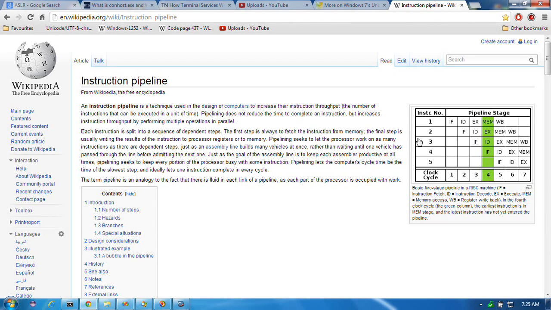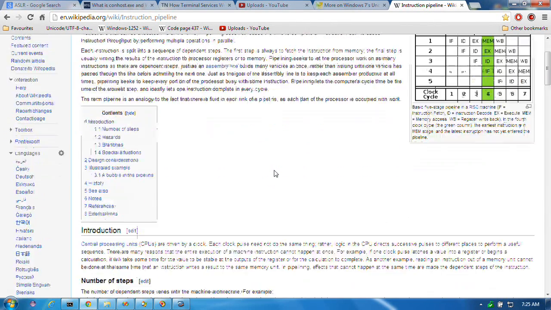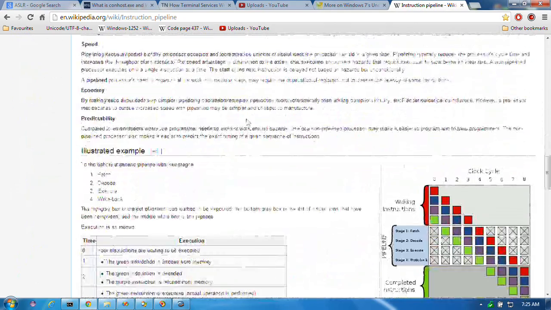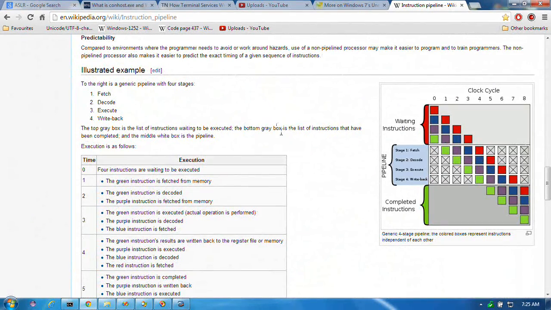Here's a picture of an instruction pipeline, and here's the pipeline for a four-stage decoder.